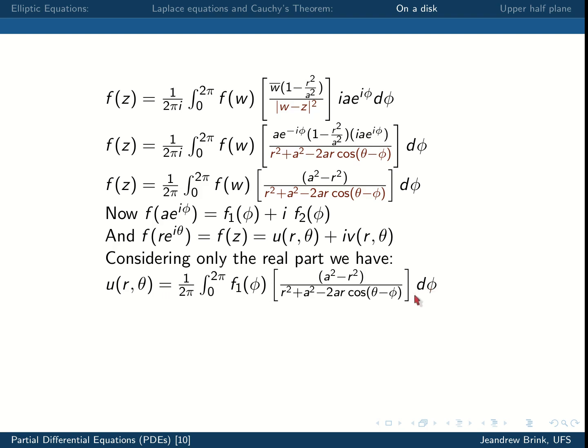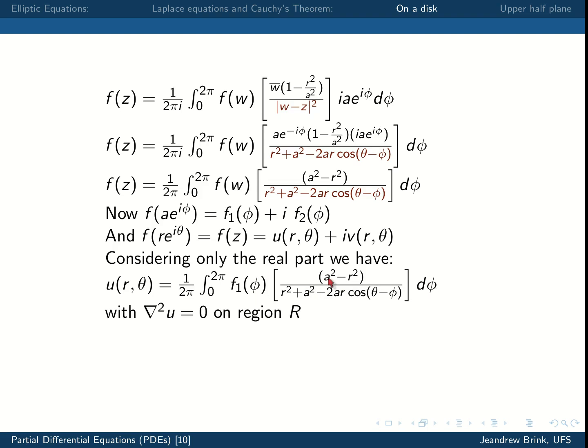Okay, so in practice, we have an expression for u, given what u is on the boundary, multiplied by all these other things where r and theta appear. The integral is over phi, and it's a closed form expression.